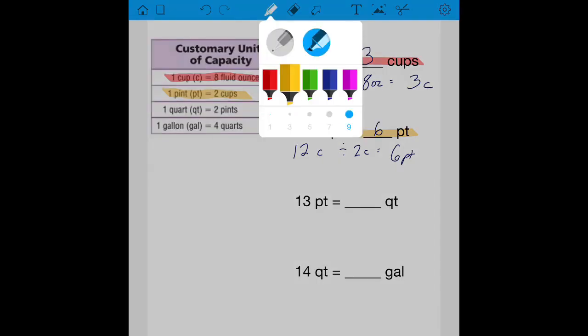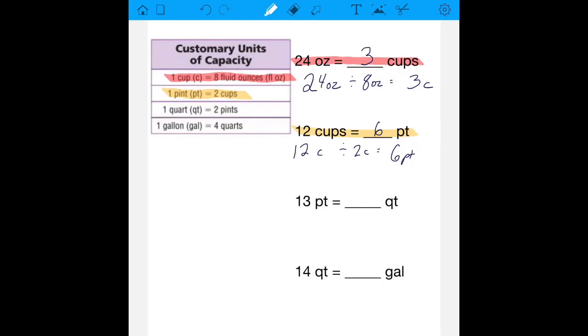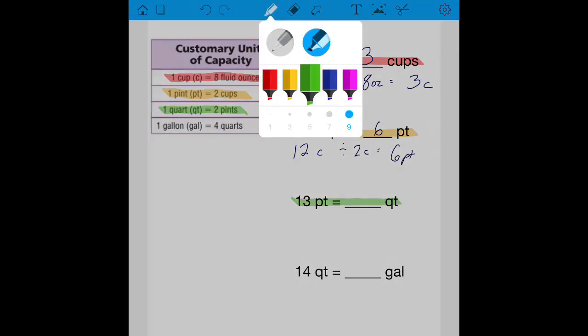Now we jump to my next round, and in this case, I'm converting 13 pints up to quarts. Quarts are fairly large. I can see that 1 quart is equal to 2 pints, and in this case, I am going to have a little bit of a challenge because I am going to end up getting a remainder in there.